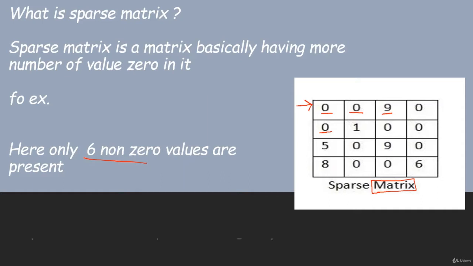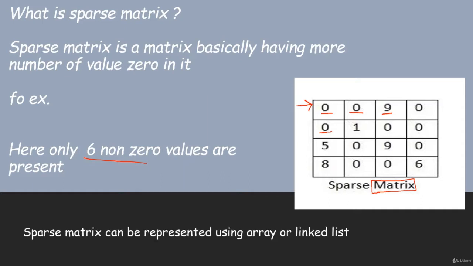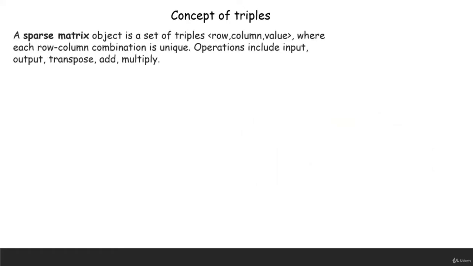So, a sparse matrix can be represented using an array or linked list. It's your choice whether you want to represent that sparse matrix using array or linked list. Now, in this sparse matrix, there is one concept called triples. So, what are triples? A sparse matrix object is a set of triples.